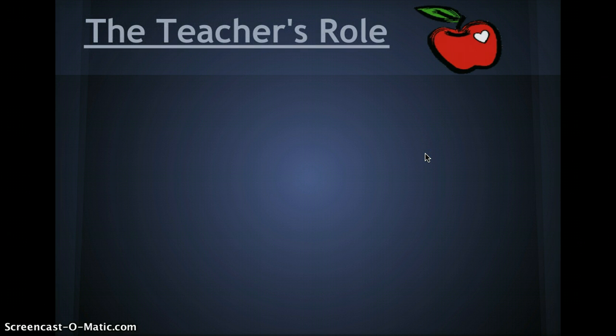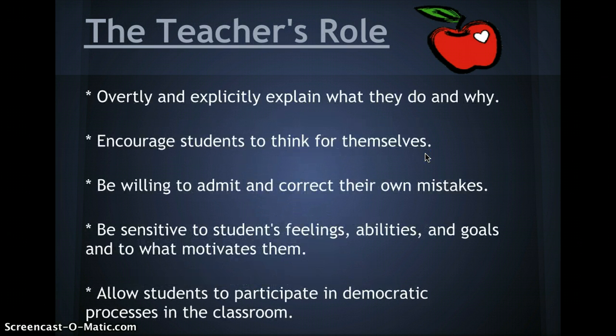The teacher's role. The teacher's role in making sure that students understand and are able to think critically are using overtly and explicitly explain what they do and why. Encourage students to think for themselves. Be willing to admit and correct their own mistakes.